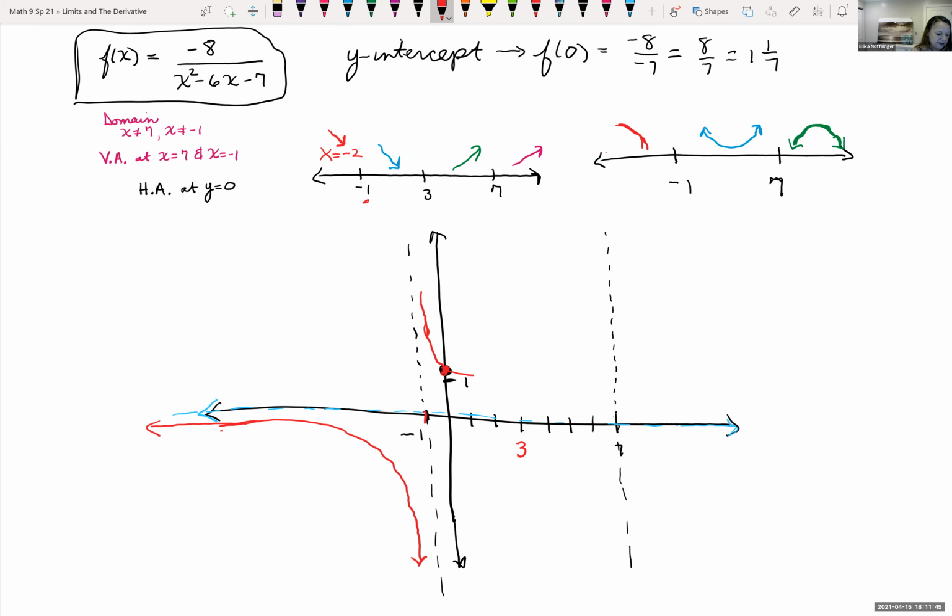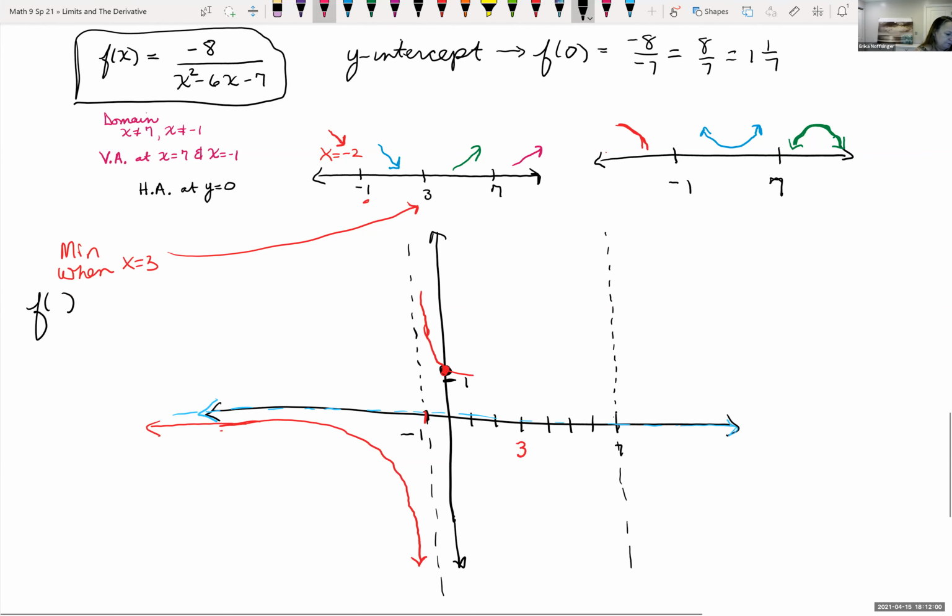So notice that you're going to have a min when x equals 3. So let's plug that back into our original function to get a point. So f of 3, that's equal to -8 all over 3 squared. So that's 9 minus 6 times 3. That's 18 minus 7. So that's -8 all over 16, which is -1/2.